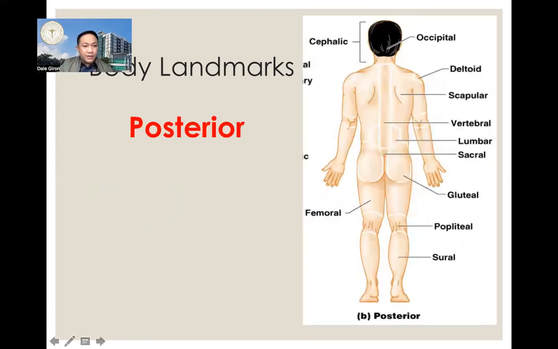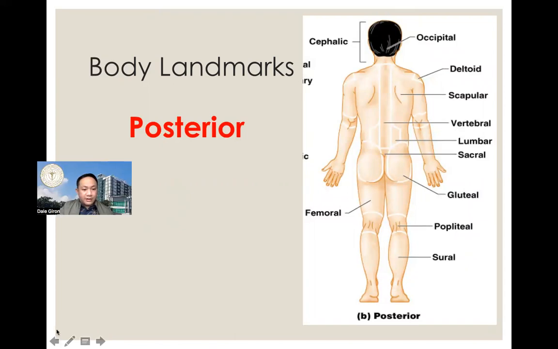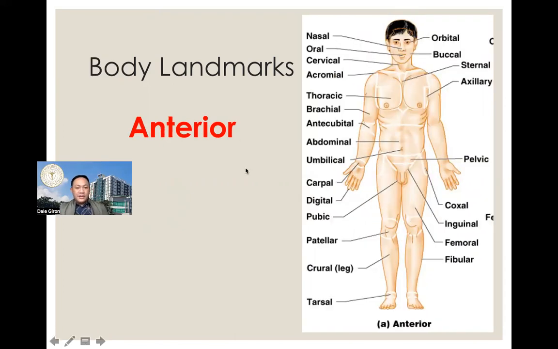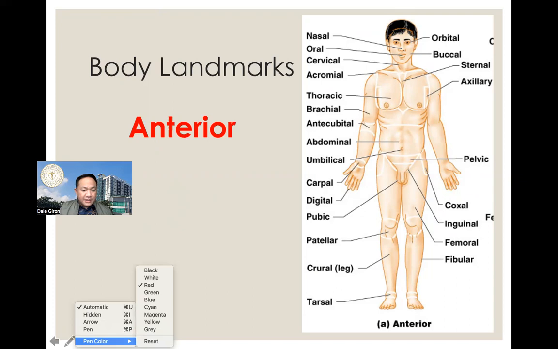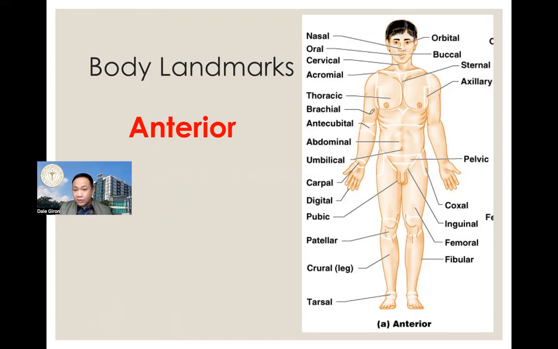So let's start with the anterior. Anteriorly, you may see the following: your nasal, your oral, so your oral cavity or mouth, cervical, the neck area, orbital, of course, the eyes, and buccal is the cheeks area.